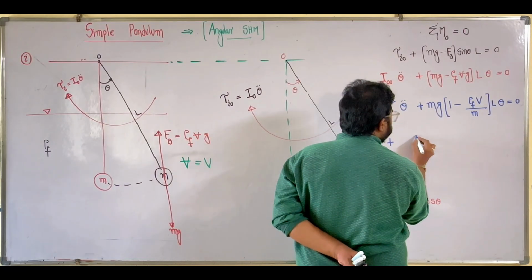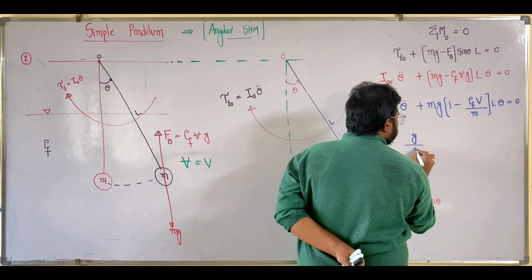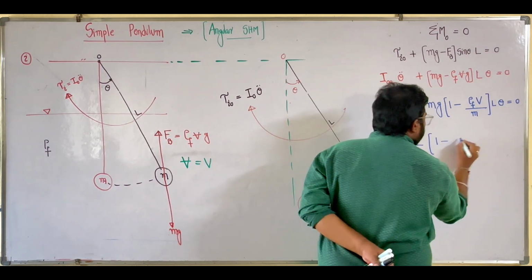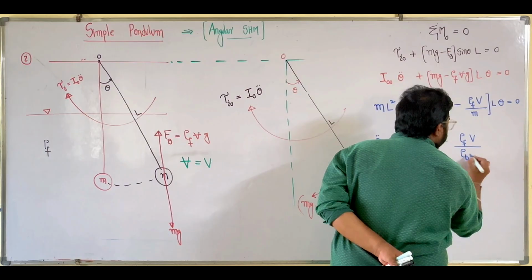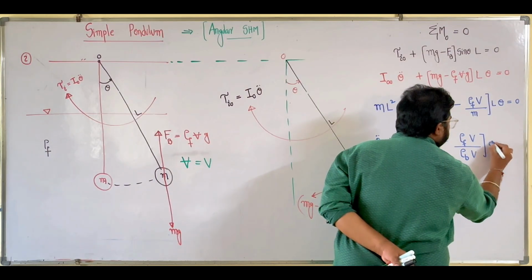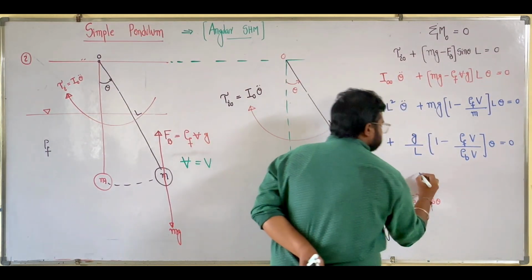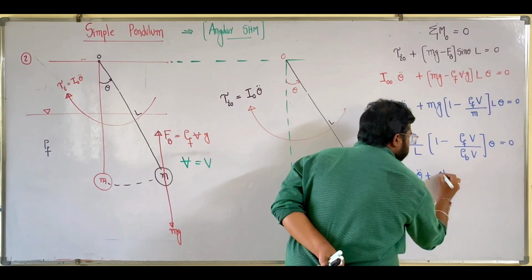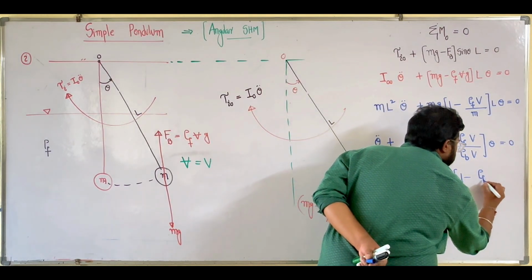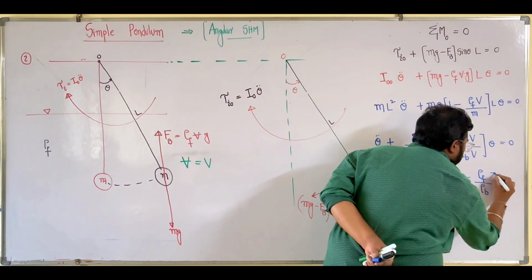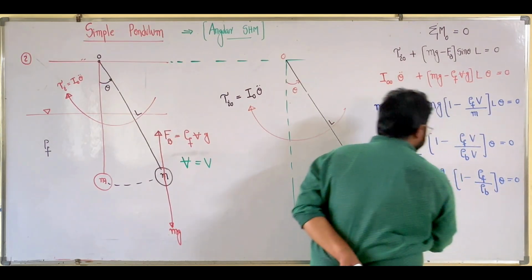Then theta double dot plus g by L into 1 minus density of the fluid into volume by density of the body into volume, theta equals 0. So theta double dot plus g by L into 1 minus density of the fluid by density of the body into theta equals 0.